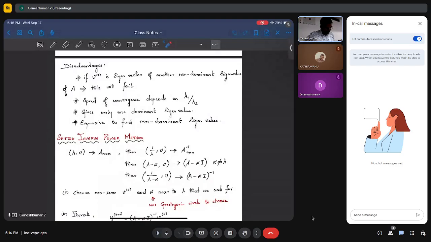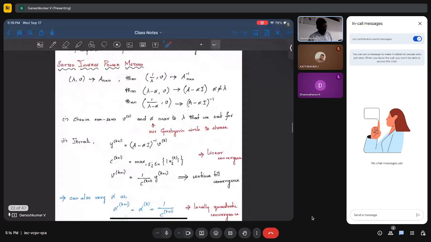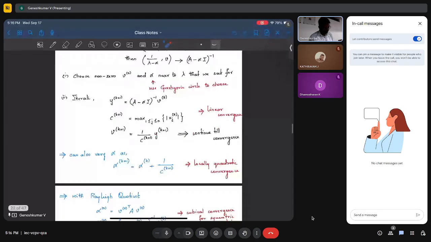Then there is the shifted inverse power method. It's a similar methodology. I will just skip it in the interest of time.